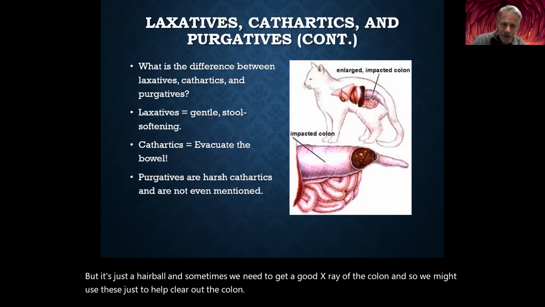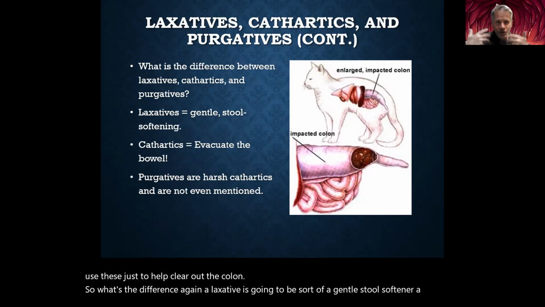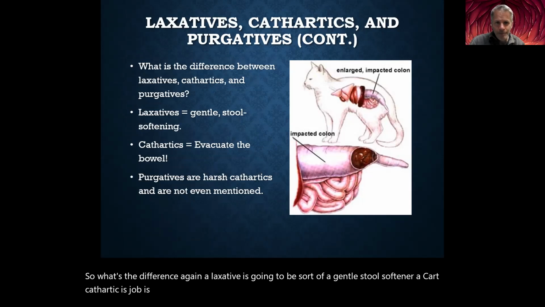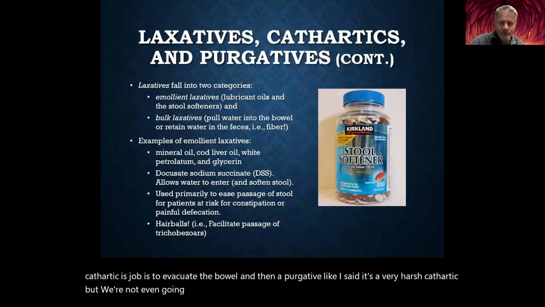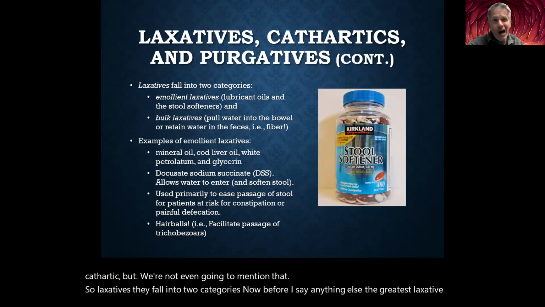So what's the difference? Again, a laxative is going to be sort of a gentle stool softener. A cathartic, its job is to evacuate the bowel, and then a purgative, like I said, is a very harsh cathartic, but we're not even going to mention that. So laxatives fall into two categories. Now, before I say anything else, the greatest laxative in the world is actually water.